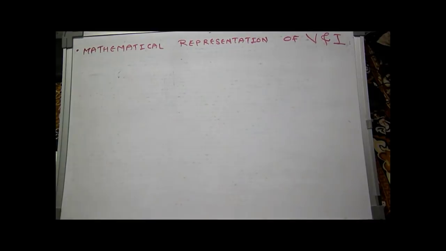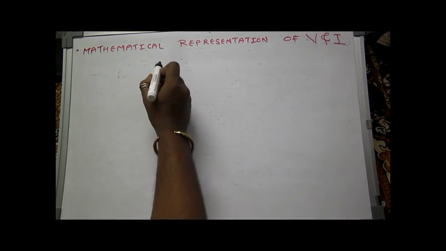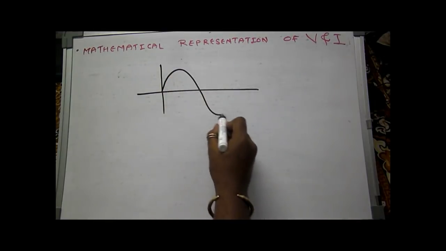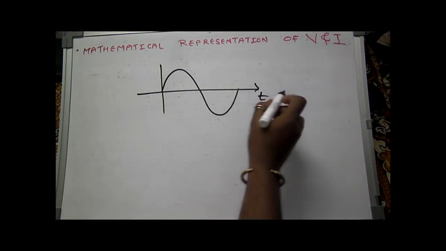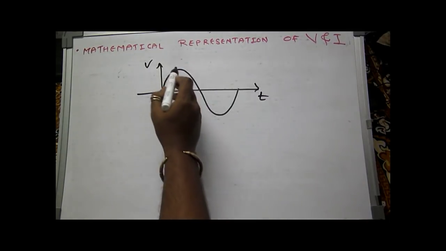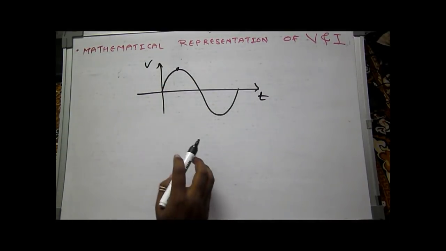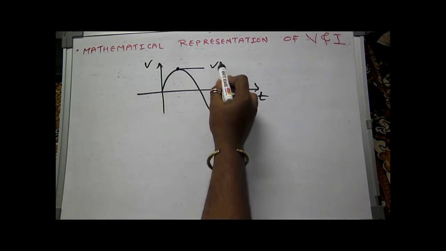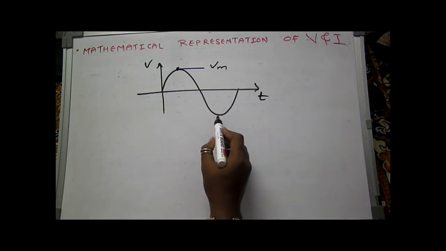So let's now see how voltage and current in AC can be represented mathematically. Suppose we have a waveform like this of AC. This is the time axis, this is the voltage axis. This is the peak value, maximum positive voltage.